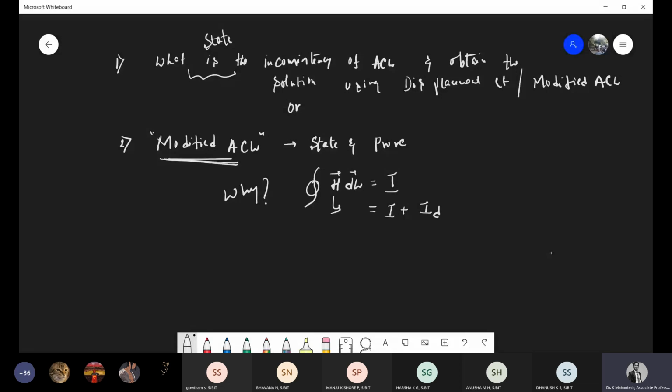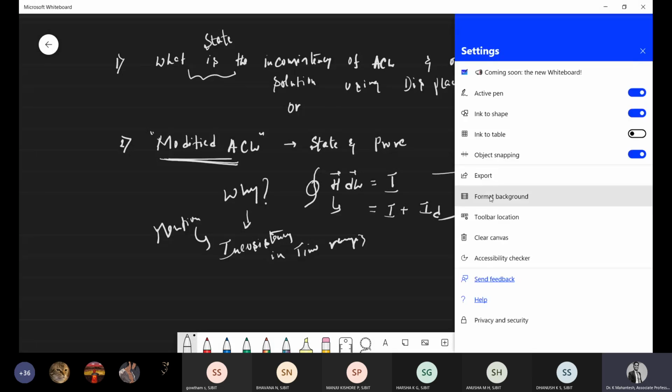The answer is due to the inconsistency in time varying fields. You have to mention this, and then say it has been modified to this. Okay, so we shall try to represent this modified Ampere circuital law both in integral form as well as in point form.